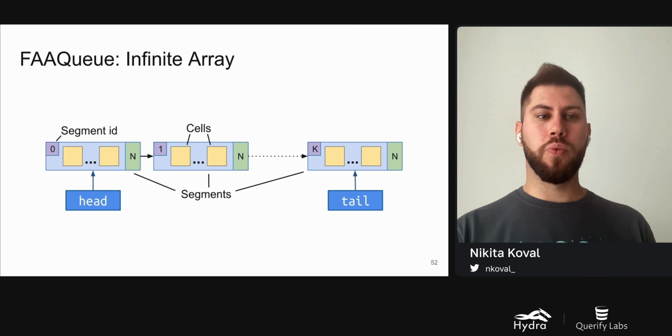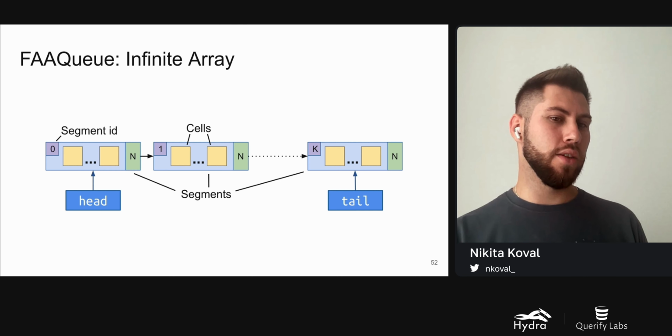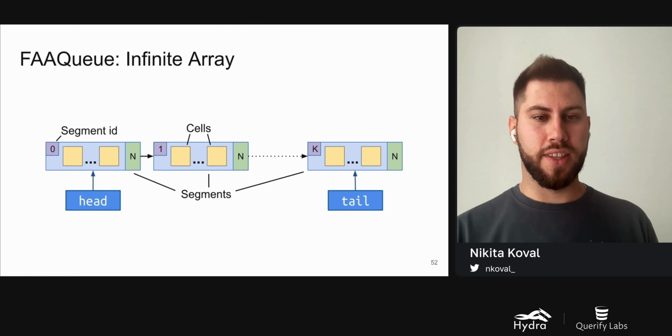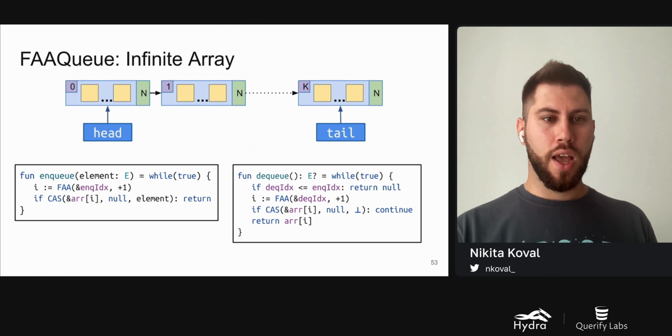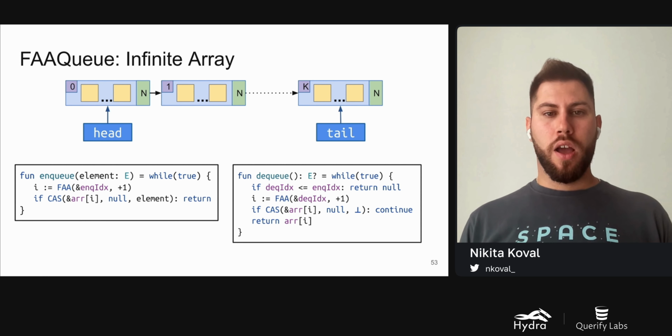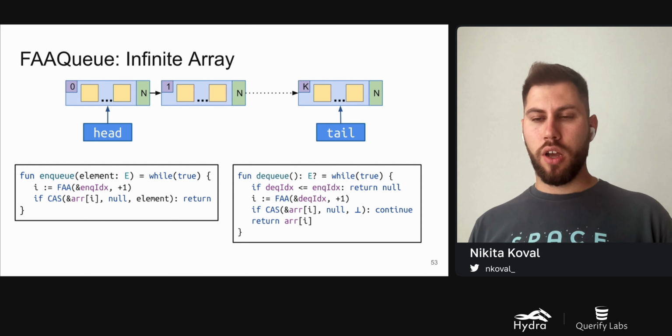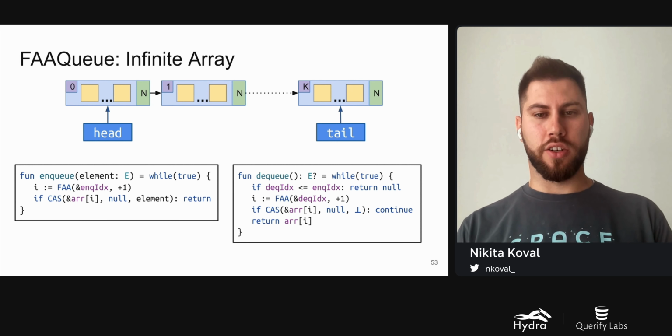So when we need to go to some cell, we know which segment we need, and we know which cell in this segment we need. And now we want to modify our enqueue and dequeue operations to use this construction.